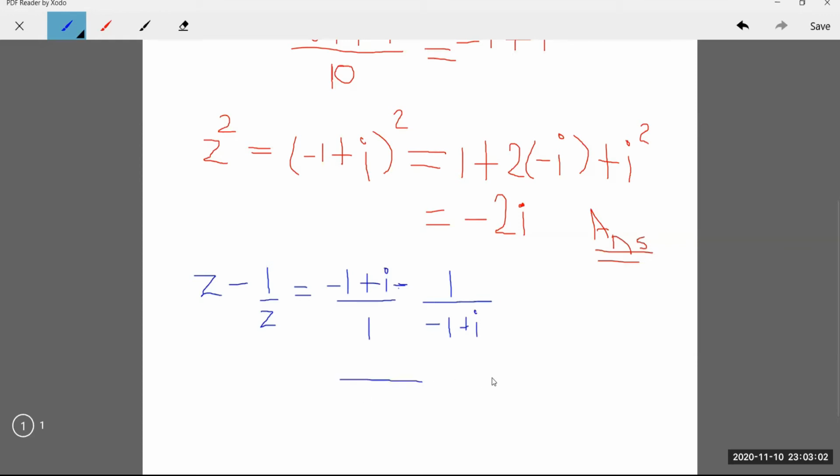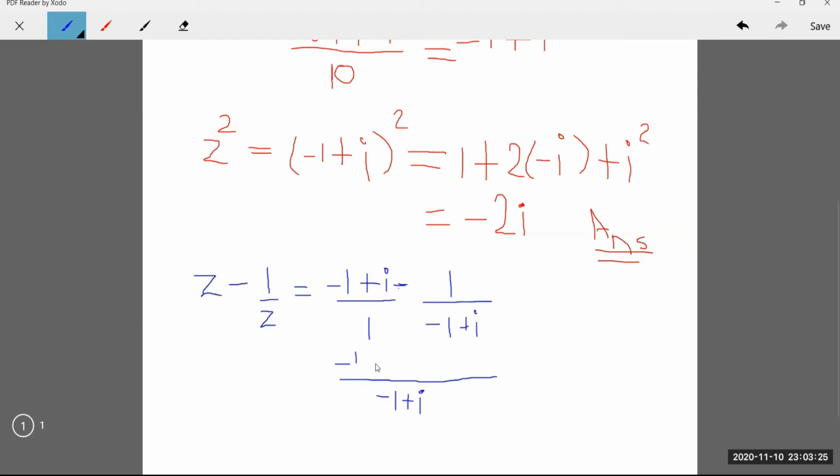So let's just find the LCM. Let's use primary school stuff. Primary school stuff tells us that the LCM is minus 1 plus i. Then 1 into minus 1 plus i goes 1 time, and minus 1 plus i into minus 1 plus i goes minus 1 plus i times.